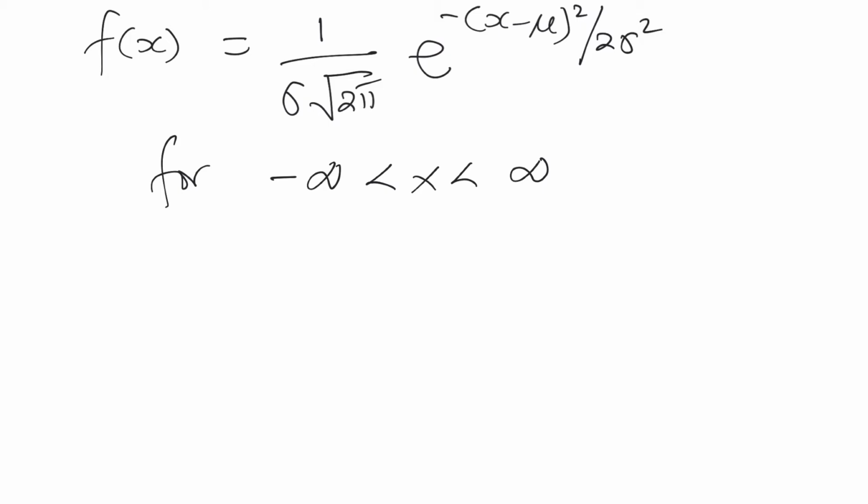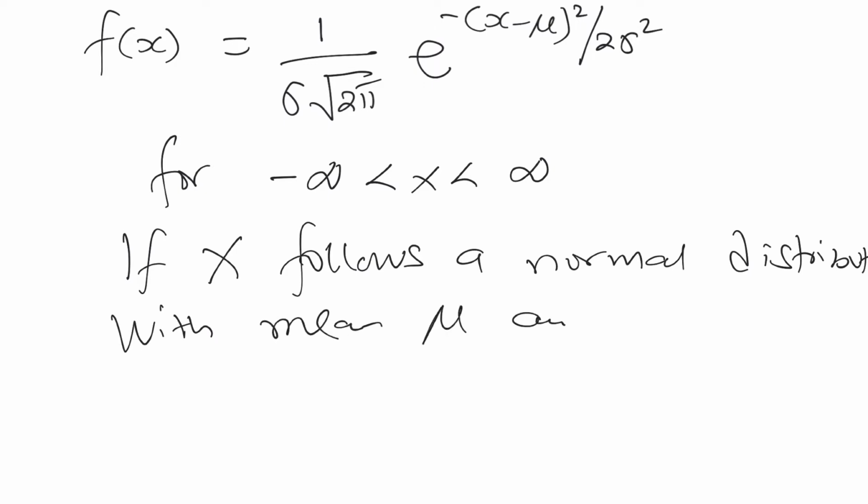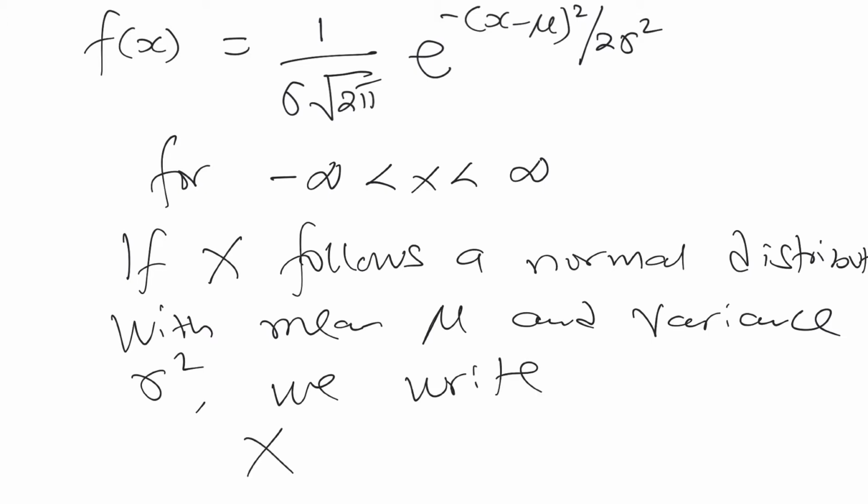Now, if x follows a normal distribution with mean mu and variance sigma squared, we write x follows a normal with mean mu and variance sigma squared.